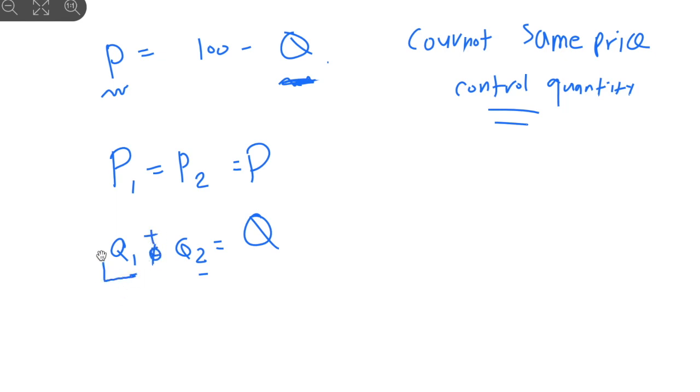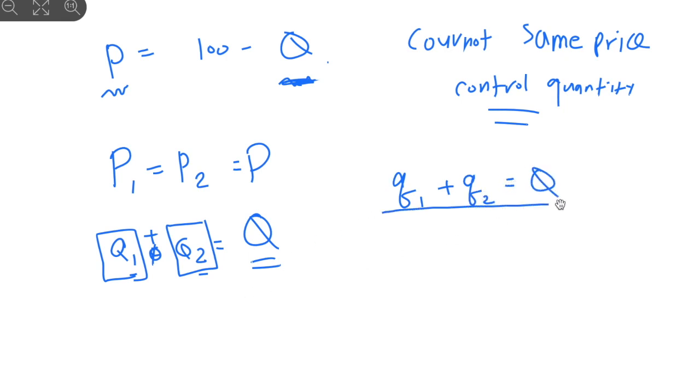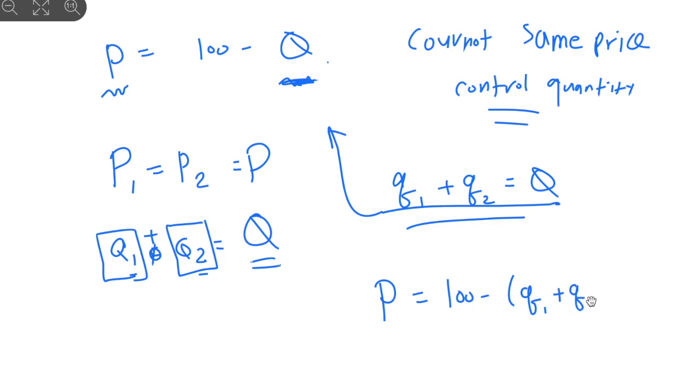So production of firm 1 plus production of firm 2 becomes the total quantity. Substituting Q with little q1 and q2, we write it as little q1 plus little q2 equals big Q. Okay, so let's keep it this way, and we're going to plug that into our demand curve of P equals 100 minus Q. So what happened is P equals 100 minus what? q1 plus q2.